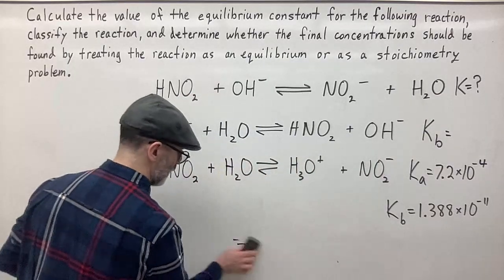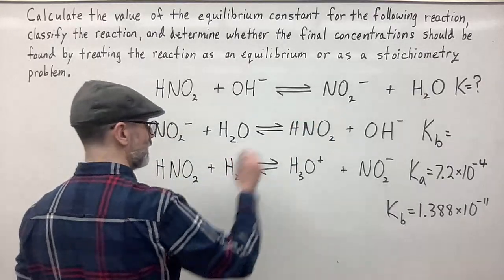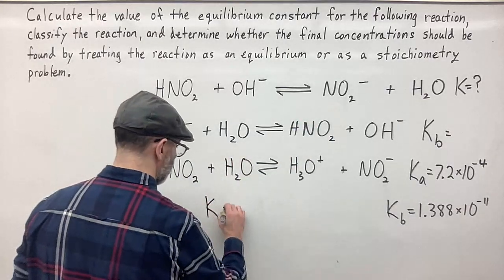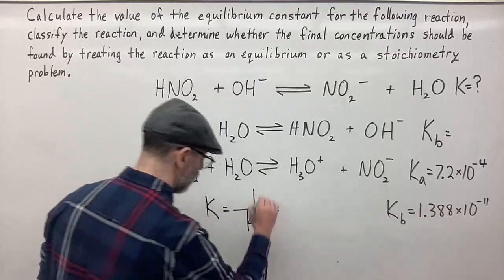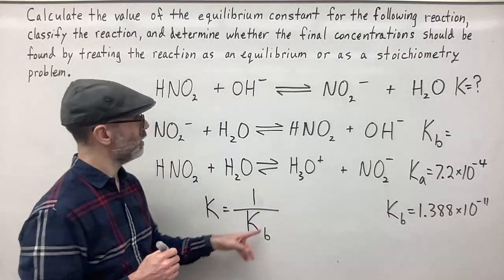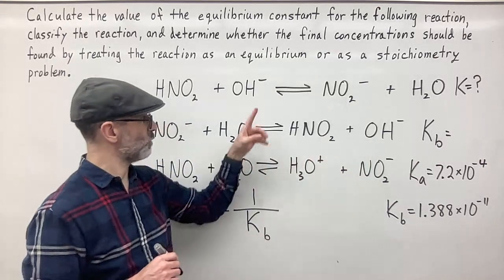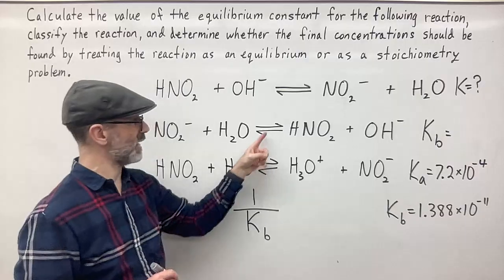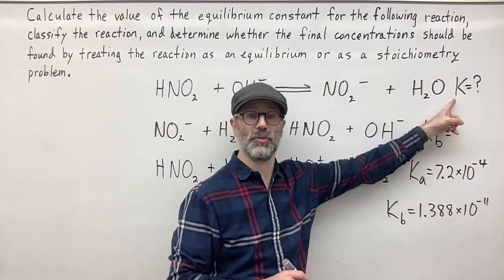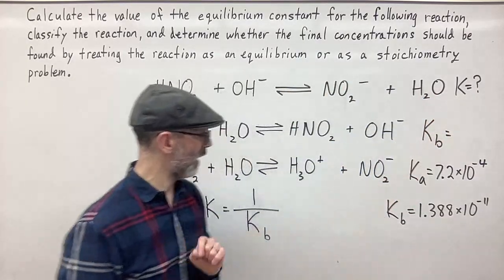So let me write this out. In this case, K is equal to 1 over the Kb value that I found for this reaction here, because this one is the reverse of this one. So that means that the K value here is the reciprocal of the Kb value there.